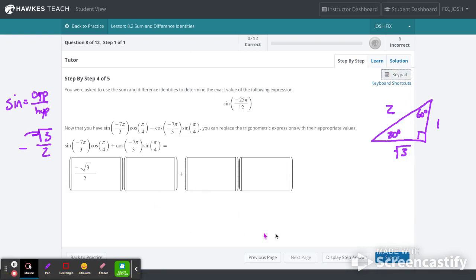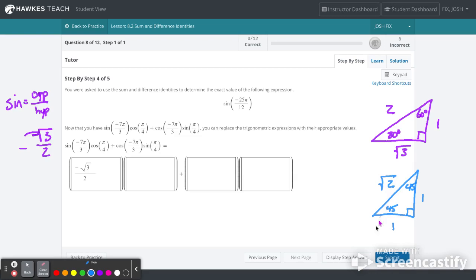So we also have a triangle that we call a 45, 45, 90. Let's just change colors. So in this particular triangle, this would be a 45, this would be a 90, and that would be a 45. We know that the lengths of these sides are 1, 1, and square root of 2.